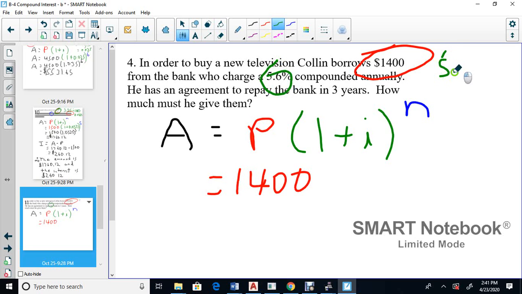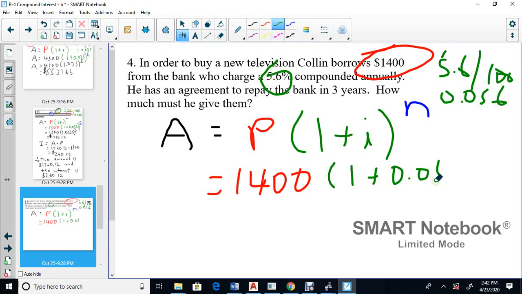So 5.6 divided by 100, 0.056. So you put 1 plus 0.056. Okay. And n, how many years was it? 3. So we put 3 here.